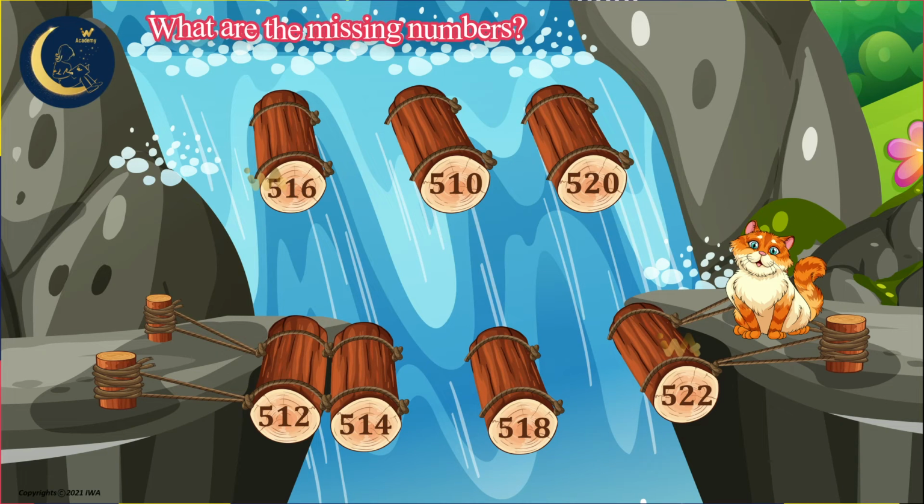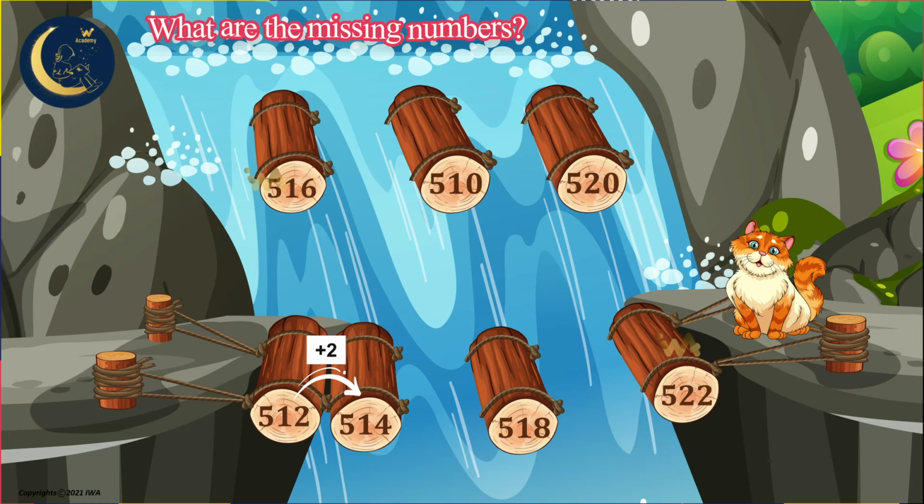Here is the number 512, 514, then a missing number, and here is 518, then another missing number, then 522. What do we do? Have you noticed that when we moved from the number 512 to the number 514, we added 2? So we will use skip counting by 2.